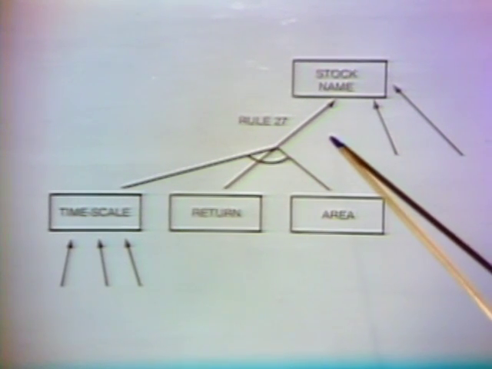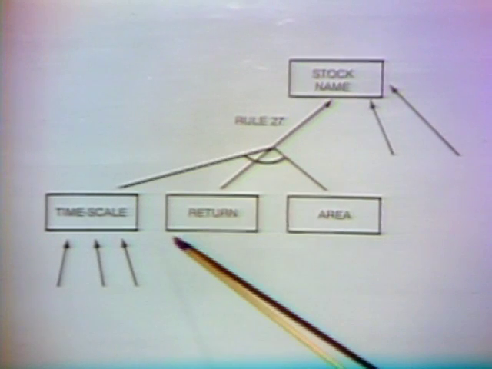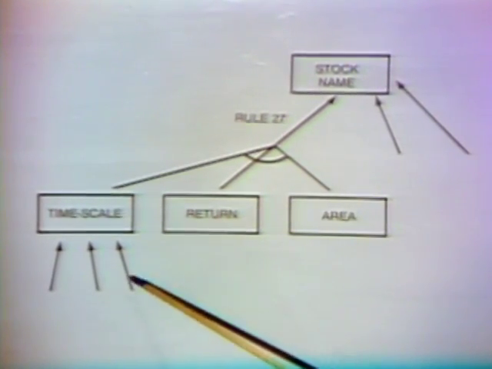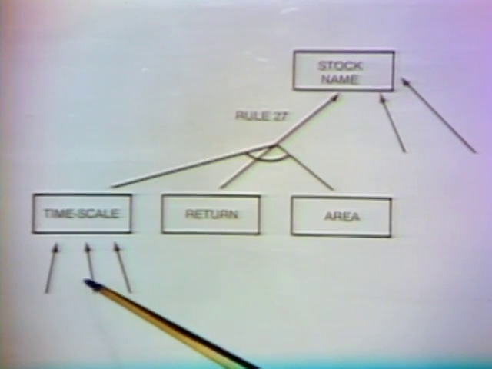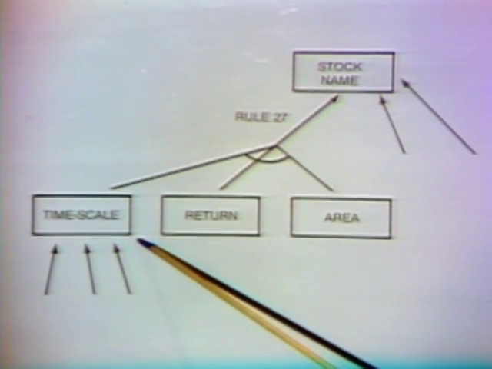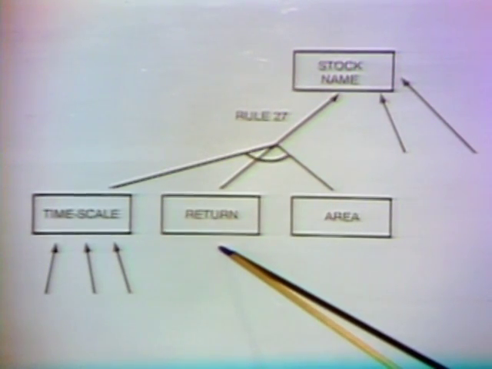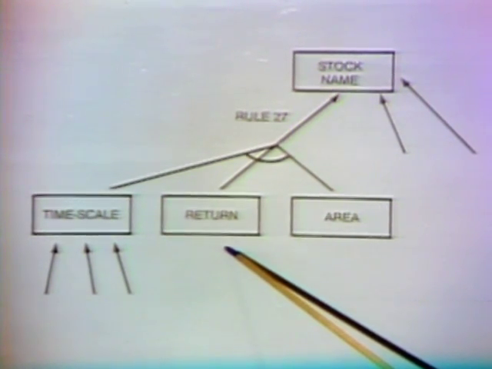In order to figure out whether we can use Rule 27, well, we have to figure out if its preconditions have been met. In order to figure out if its preconditions have been met, we collect all the rules relevant to determining the value of its first premise clause, and so forth. So we have the same sort of backward chaining use of the rules, and all we've really done is transformed the domain that we're working in, so the control structure looks quite the same.